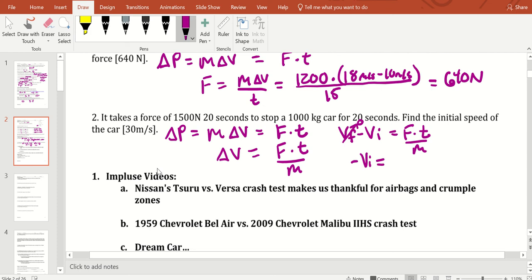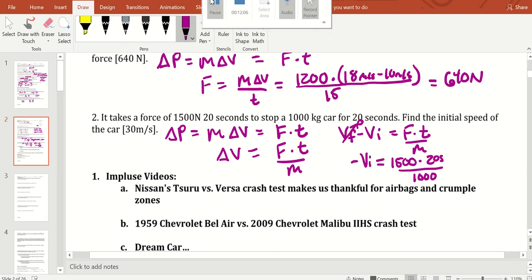So we know we have a force of 1500 newtons. It takes that force 20 seconds to stop this car, which has a mass of 1000 kilograms. So we go ahead and type that in our calculator. And when we do, we get that the initial velocity of the car was 30 meters per second.